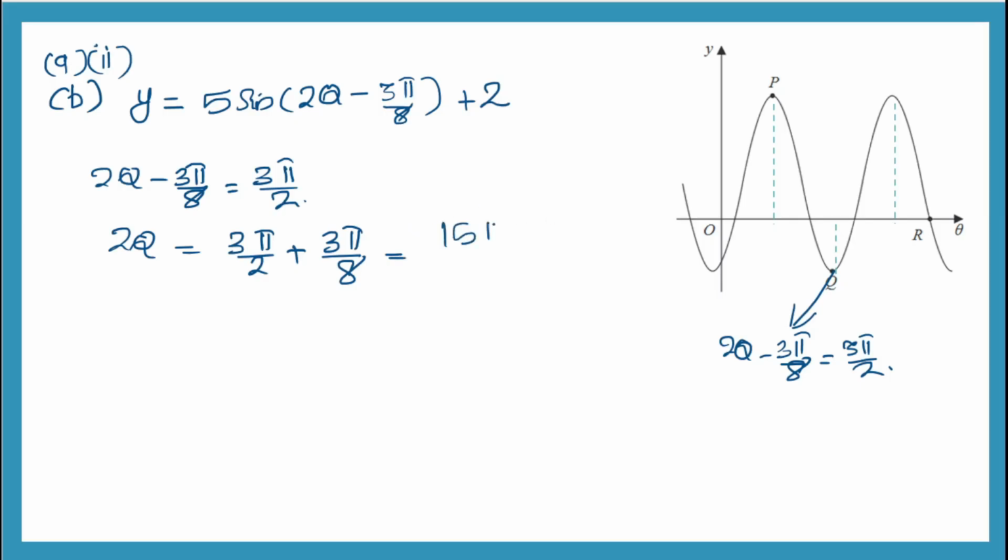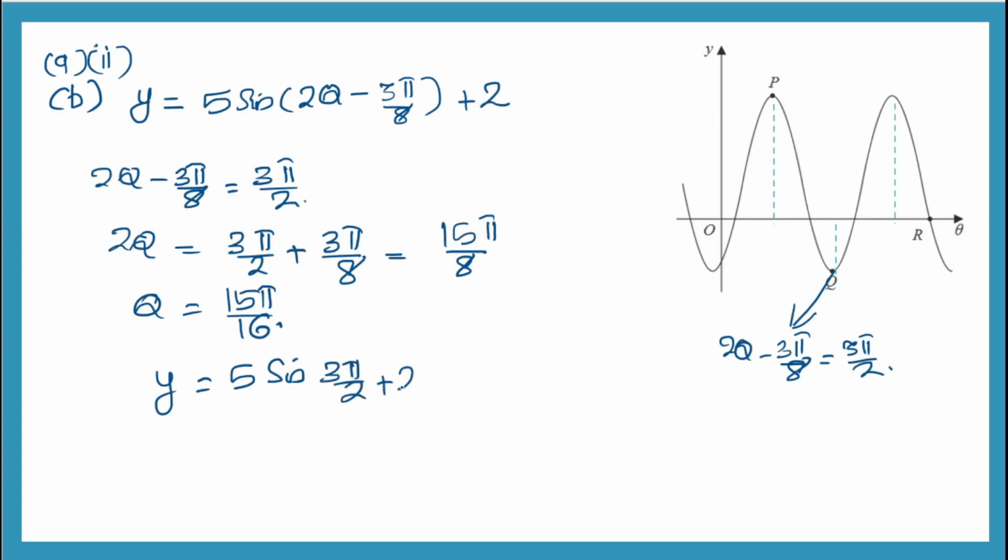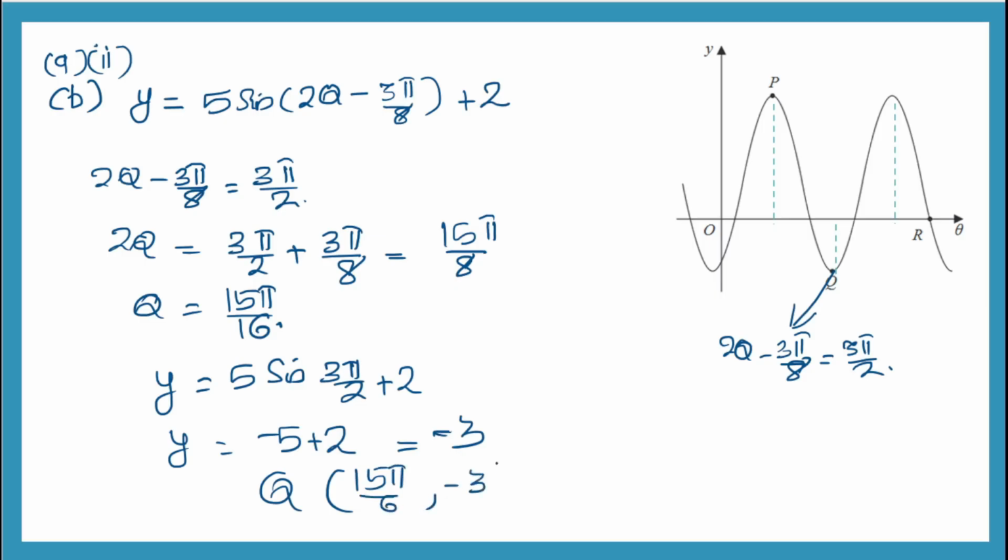That equals 15 pi by 8. Then theta equals 15 pi by 16. Then the corresponding y value is given by 5 sine 3 pi by 2 plus 2. That equals minus 5 plus 2 equals minus 3. Hence the coordinates of Q are 15 pi by 16 and minus 3.